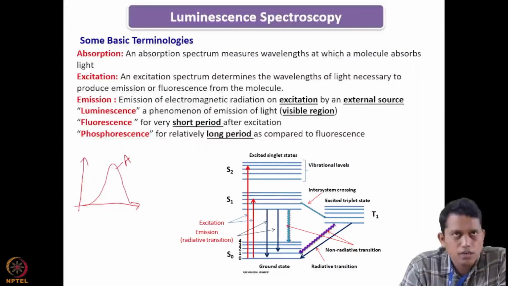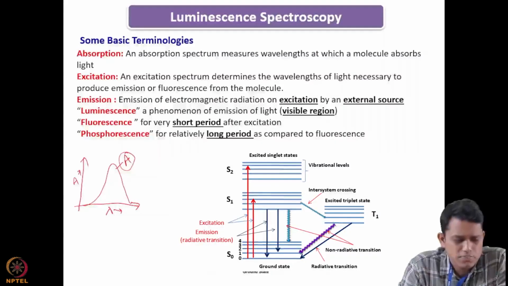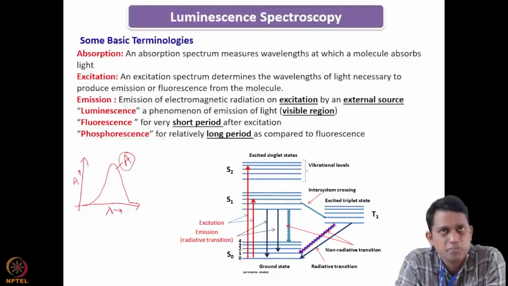In your absorption spectra, you are exciting with certain wavelengths of light, so you get this kind of spectra, wavelength versus intensity or absorbance of species A. But in your excitation spectra, when we learn how to record the excitation spectra, you'll find that the peaks coming for the absorption spectra may not come exactly the same for the excitation spectra. We'll see in the coming slides how the excitation spectra is recorded, and once you know that, you can understand why there is a difference between the absorption spectra and excitation spectra.